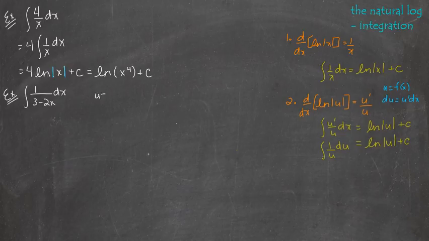So I'm going to let u equal 3 minus 2x, and du then equals negative 2 dx. So let's step back and look at our substitution. I have a 3 minus 2x that I can trade out for a u. That works out great. But now I need to trade something out for my dx.